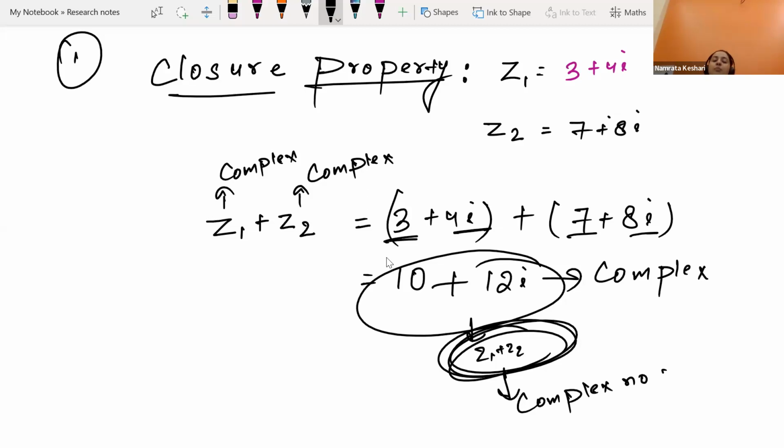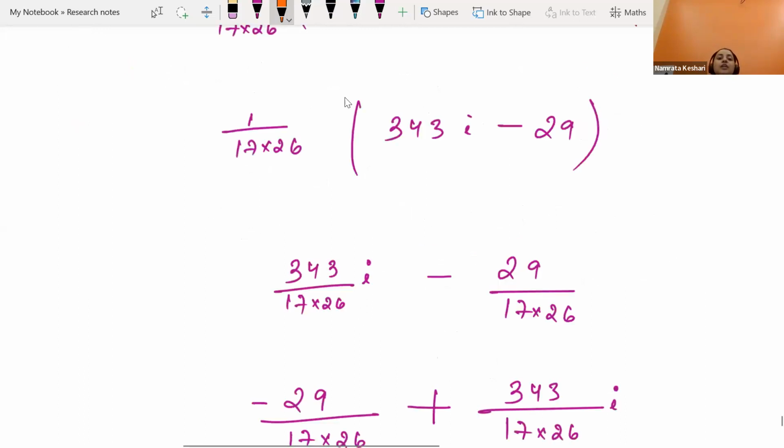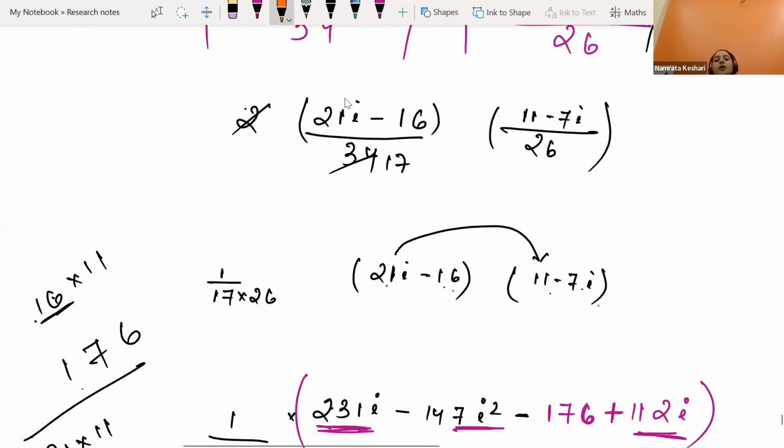From here, this is the actual scenario. We have solved so many questions like this. We have added real part with real part, imaginary part with imaginary part. Basically, we do those calculations since we know this closure property. But I taught you the calculation part first, that the real parts can be added or subtracted together, and the imaginary parts can be added or subtracted together.